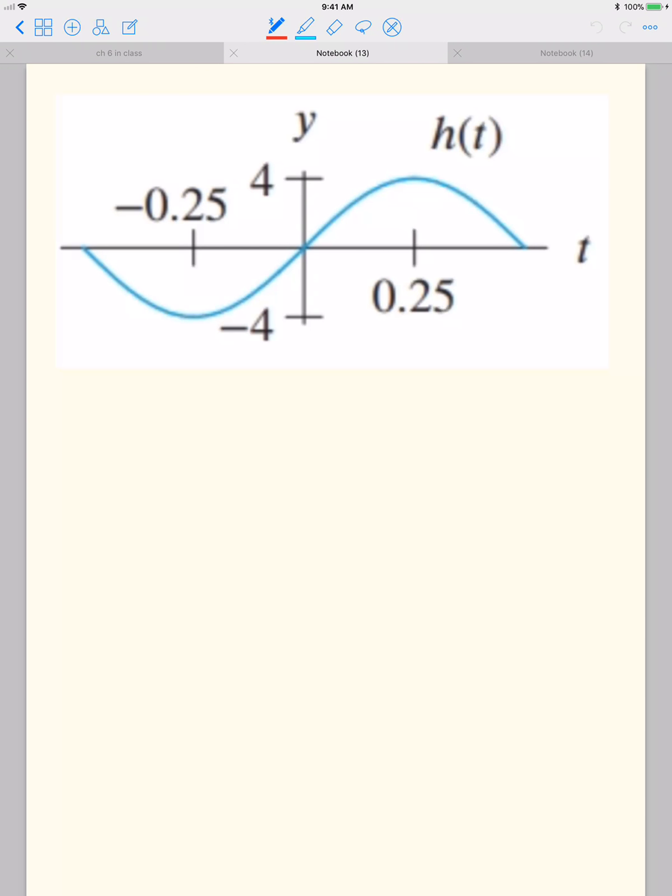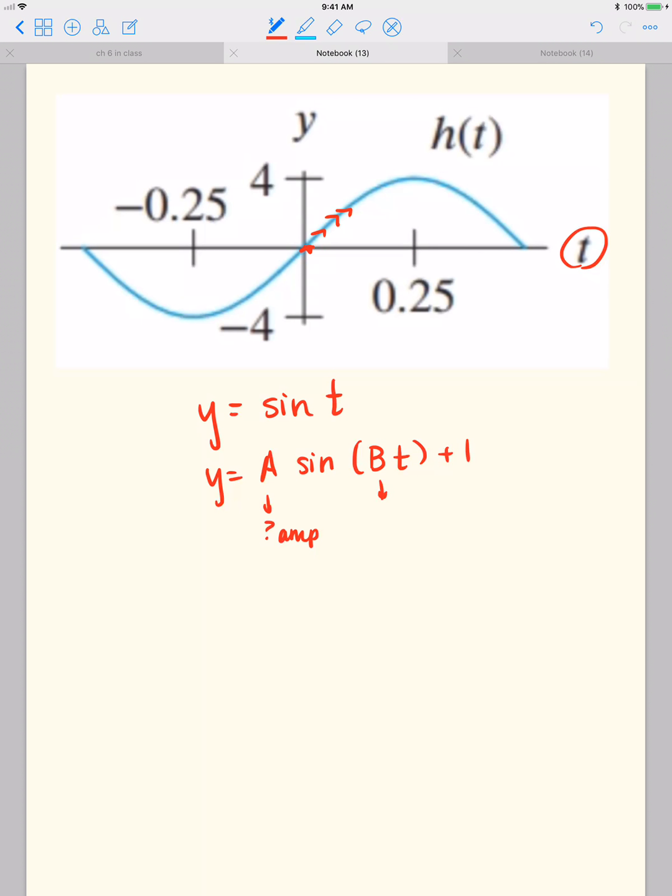All right, so the first one we have, sine or cosine? It starts in the middle, increases, so it's definitely going to be some variation of the sine of t. Our input variable is t here. So our next job will be to figure out what's the amplitude, what's the b value that's affected by the period, and then if there's any midline shift, we'll add or subtract that to the end.